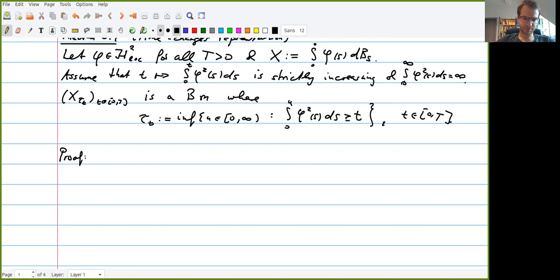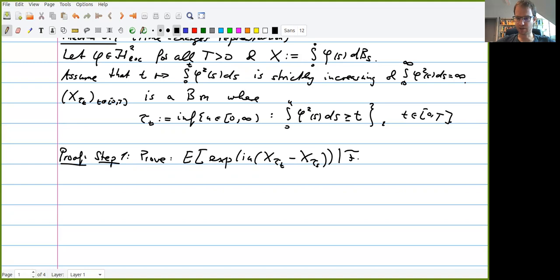Proof. We want to show that this is a Brownian motion. We do it again in 2 steps. The first step is we want to prove that if I look at the characteristic function of the increment of x tau t minus x tau s, and I condition everything on the filtration F tau s, this is nothing else than the exponential function of minus u squared over 2 times t minus s.